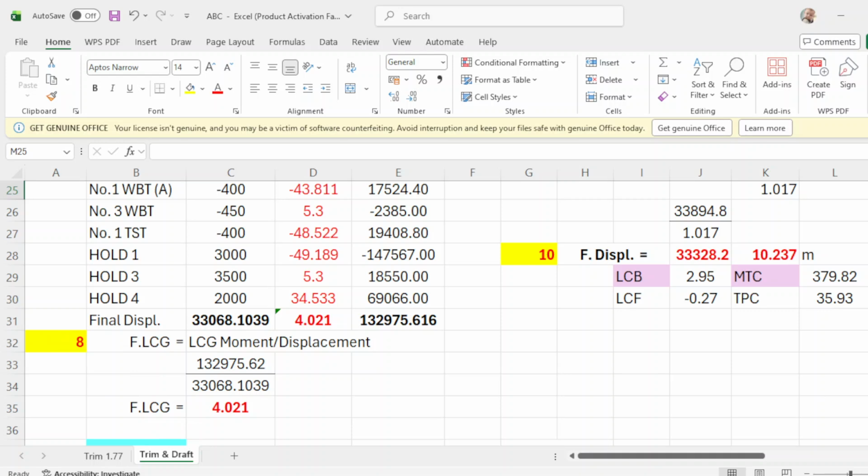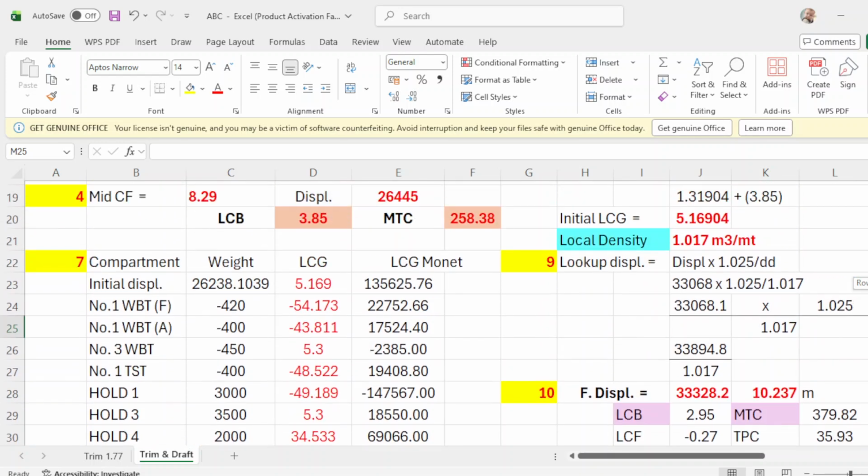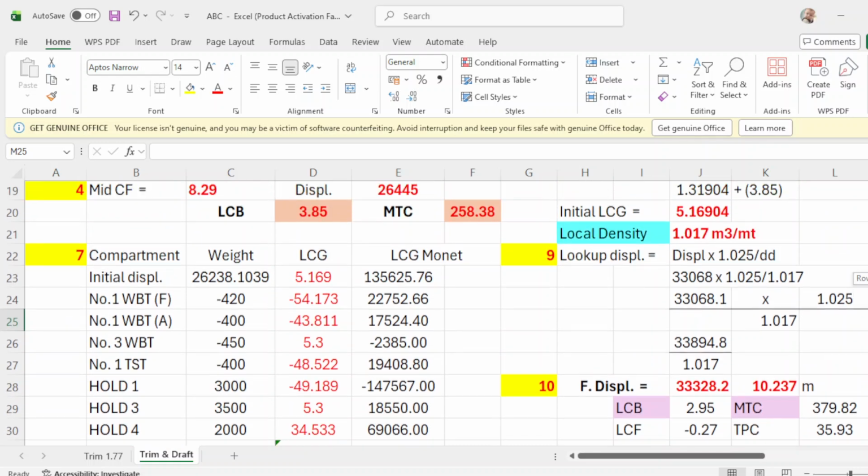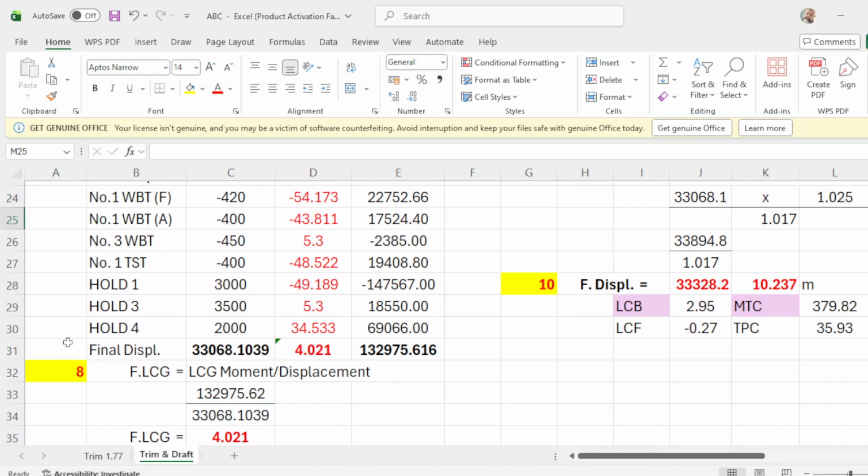Then we go to number 9, which is look up displacement, to convert this one, because this displacement is salt water. Okay, take note, this one is salt water.